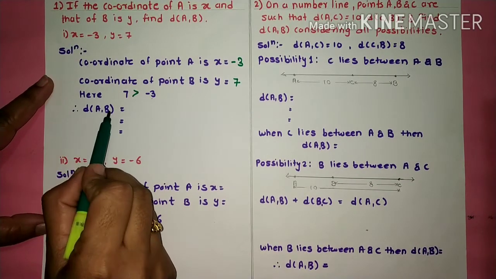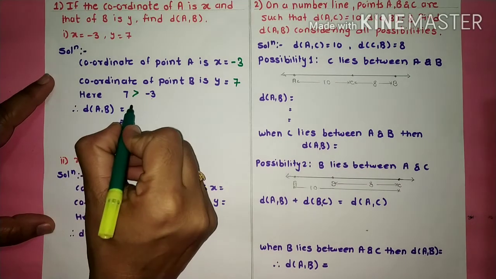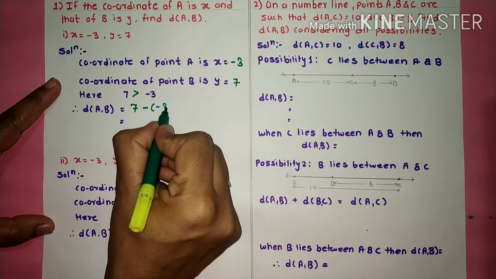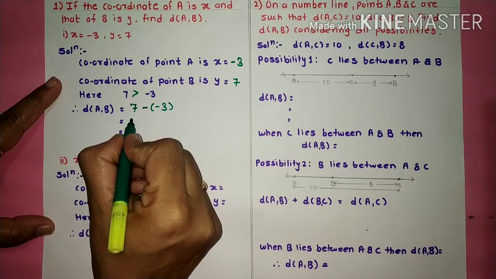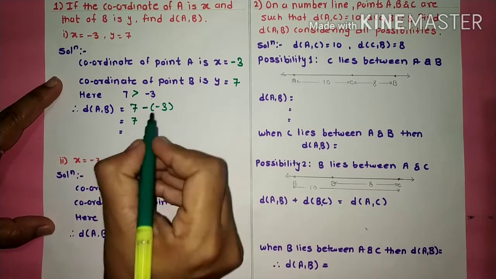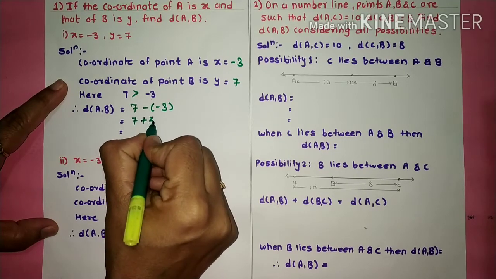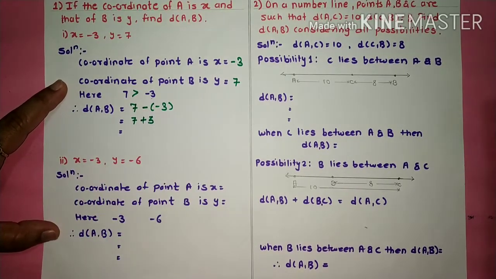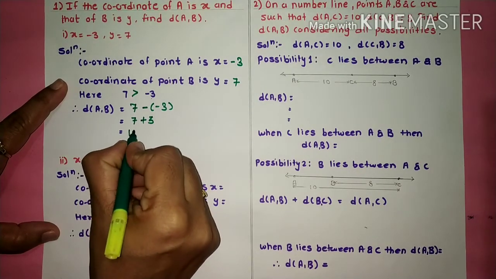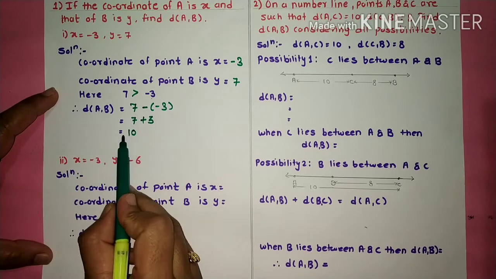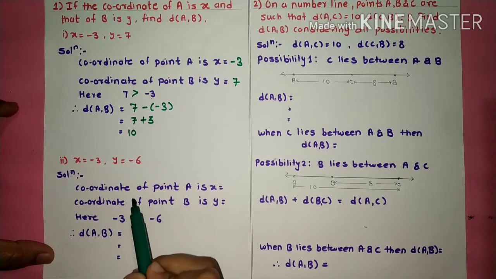Therefore, distance AB equals 7 minus (-3), which equals 7 plus 3. 7 plus 3 is 10. Therefore, distance AB equals 10.